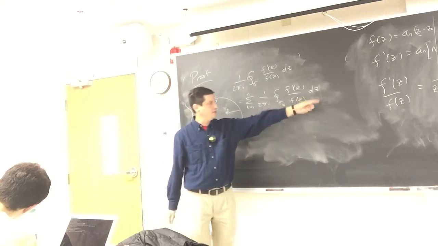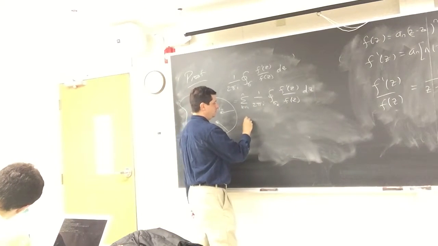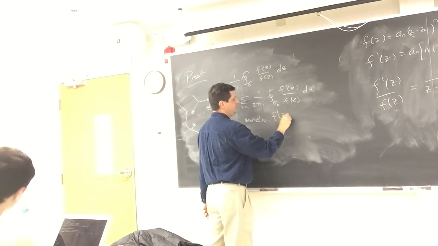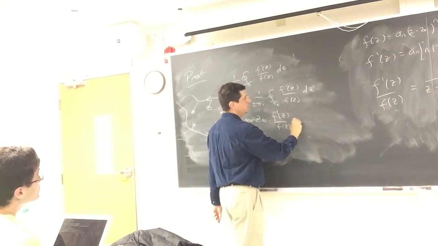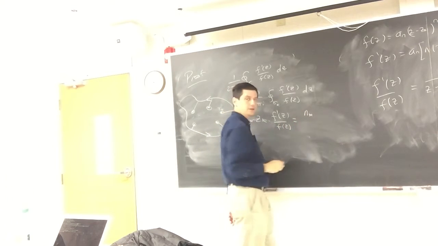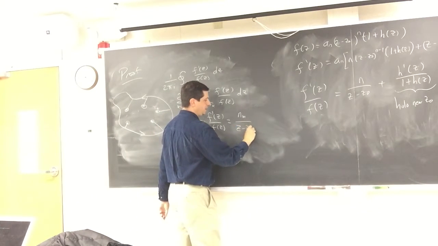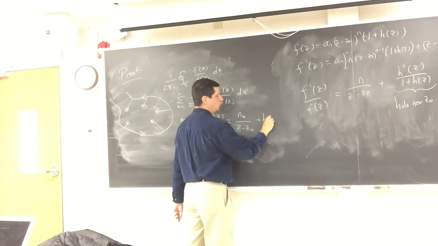Well, from what we've done over here, near z k, f prime of z over f of z is, I'll write it n sub k for the order of the 0 or pole there, over z minus z k plus something that's holomorphic.